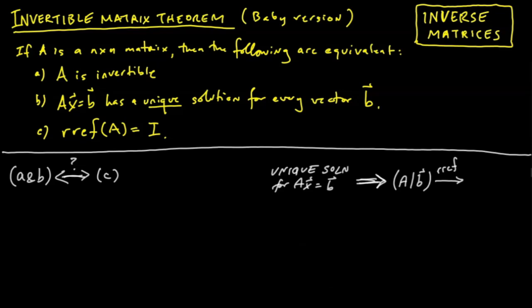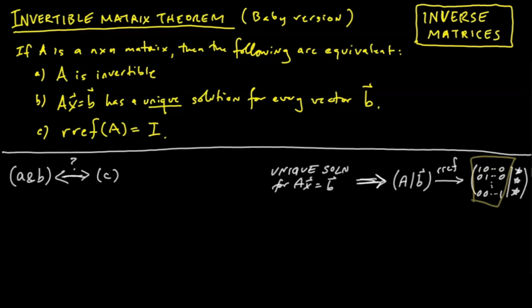And the only way that happens is when we have something like this on the left side, while the right is just some column of numbers, because then we have the first variable is the first number, the second variable is the second number, and so on and so forth, till the last variable is the last number, and that would be the unique solution.